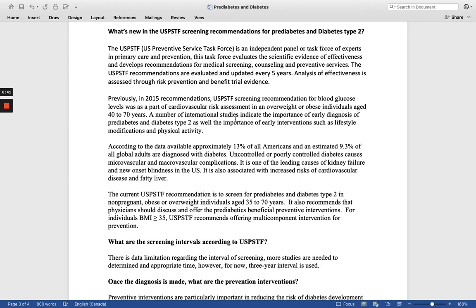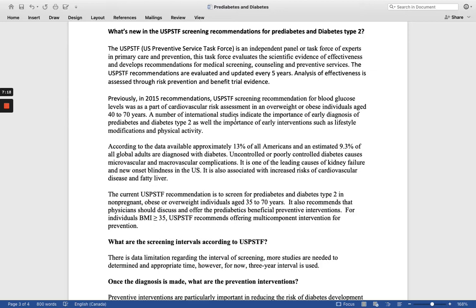What they do is they take all the studies and all the information available over time and develop guidelines for screening purposes as well as preventative services. So they are helpful to provide us a guideline as to how we're supposed to screen certain conditions and how we're supposed to prevent those conditions and what we're supposed to give our patients as options for those preventative services.